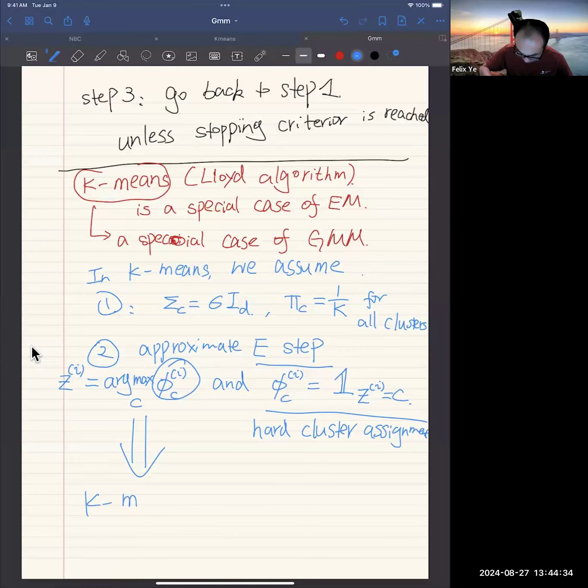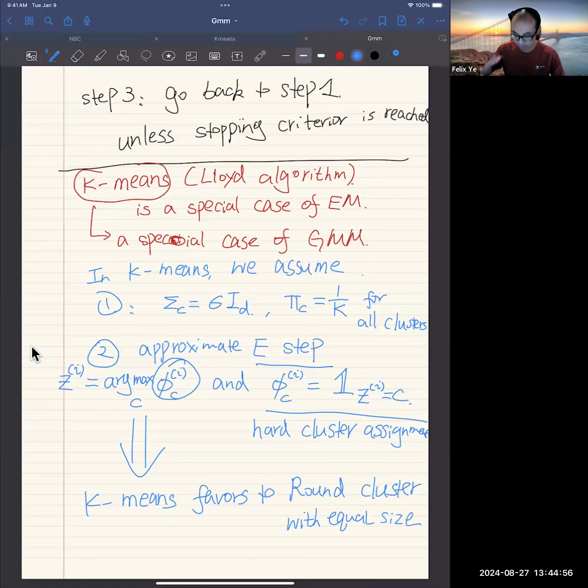So that's why k-means favors round clusters with equal size. Okay.